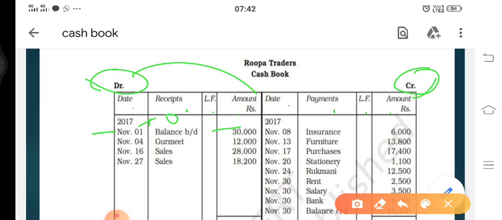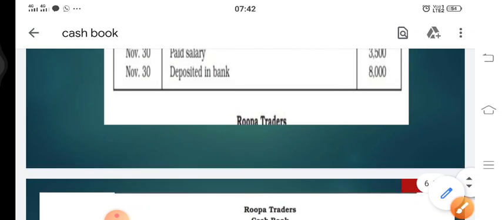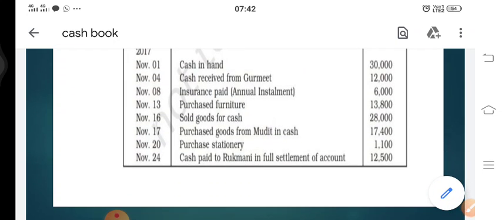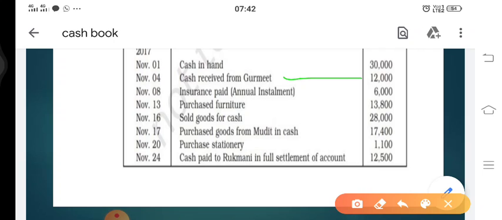Moving towards the second point: cash received from Gurmeet. Students, you now have two approaches. Either you can make a journal entry in your mind and then prepare the cash book.